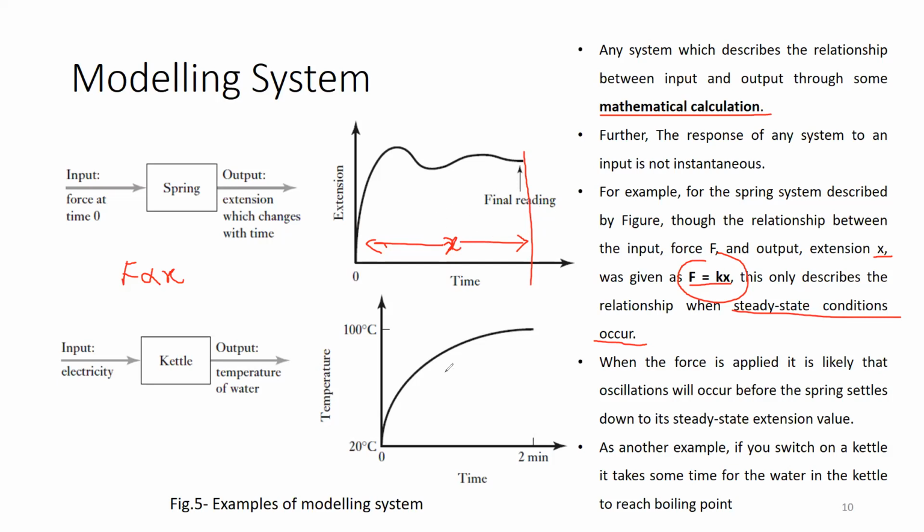So on. Similarly, suppose you are heating the water in a kettle, this is another example. Here what is happening, you are providing electricity and the temperature of the water will rise.